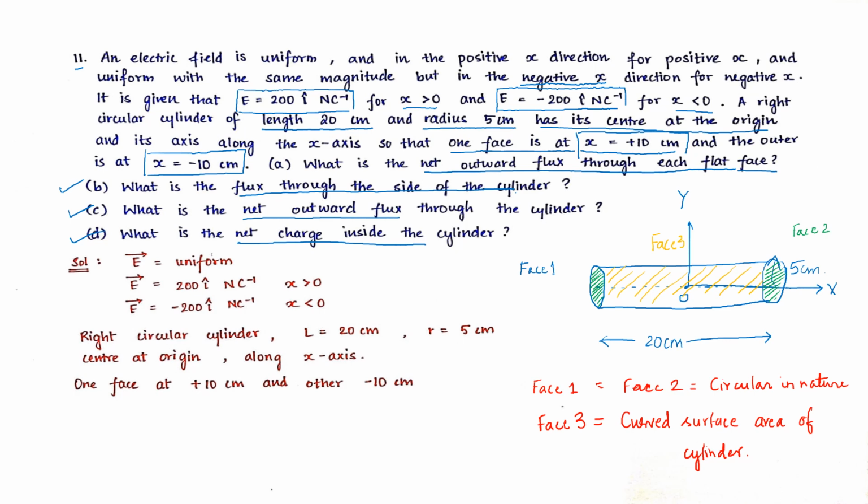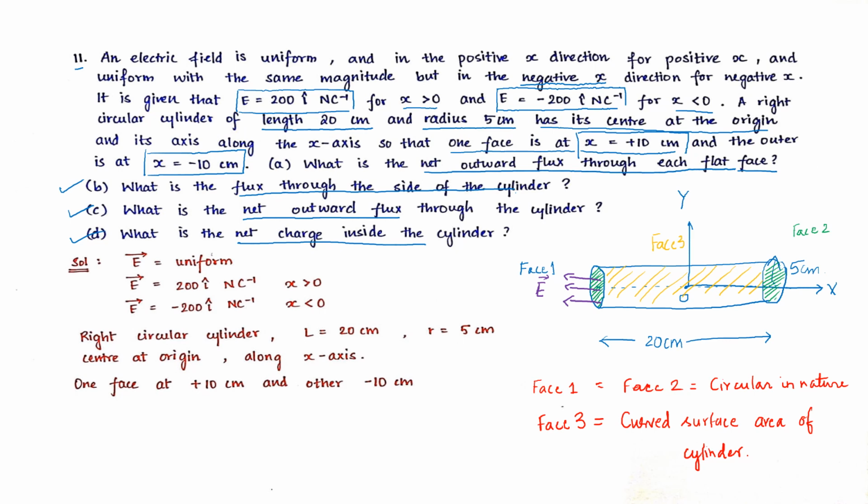Now, electric flux will come out from surface 1 like this. These are electric field lines coming out from surface 1, and the area vector for face 1 will also be directed in the same direction.